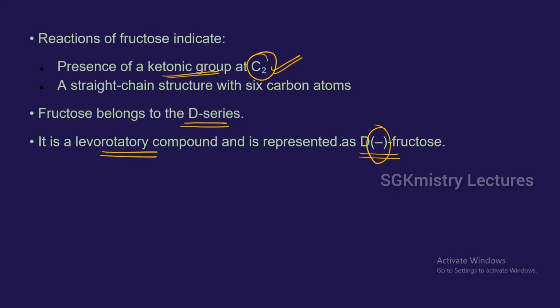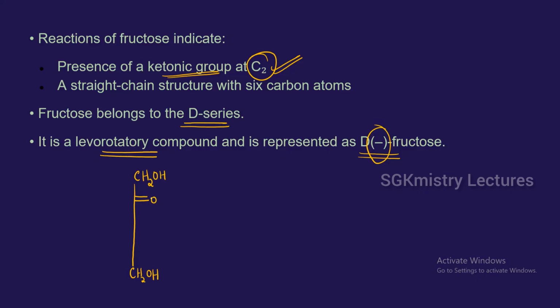Okay, now the open chain structure, if I have to write, it is similar to glucose. Here there will be CH2OH on one end. Again, on the other end also, there will be CH2OH. Please remember this. The first thing you have to remember about fructose: the first and the last carbon both have CH2OH. Now, the second carbon, you already know, has a double bond to O, it is a ketone group. Correct?